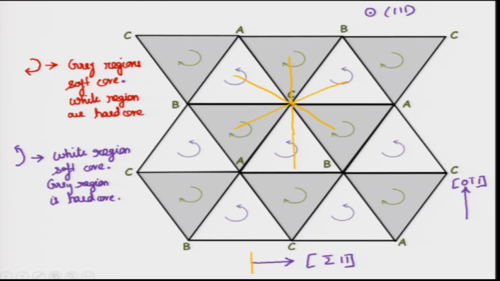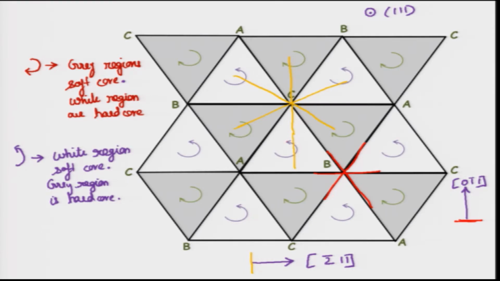All these orange color that you see over here are the 112 planes. What about the 110 planes? These are the 110 planes. So, as you can see, this is the direction, and this will be the plane. This is one of the 110 planes, which is 0 bar 1 bar 1, and these are the other three.